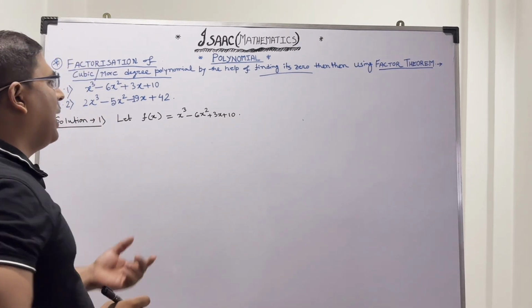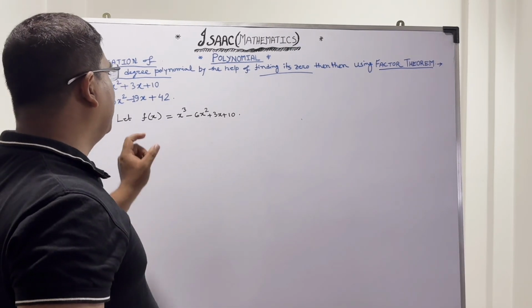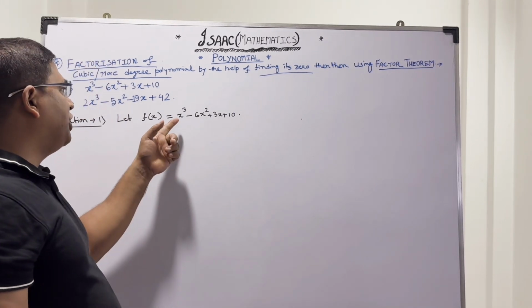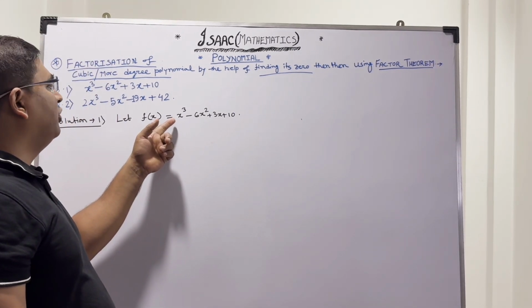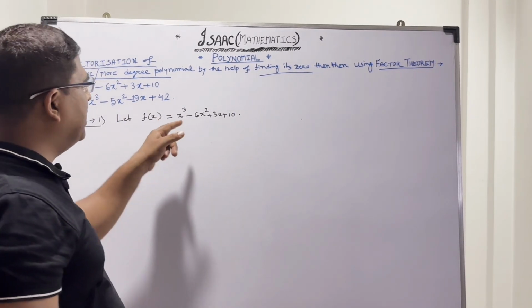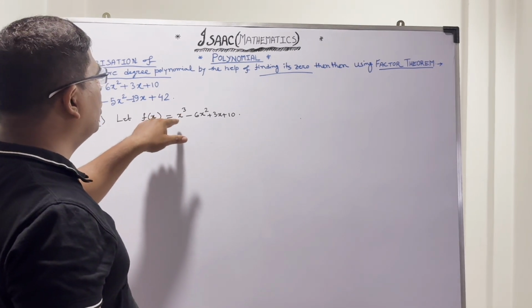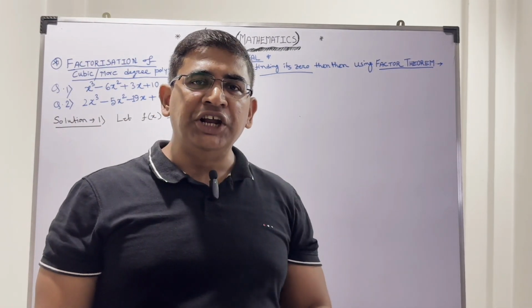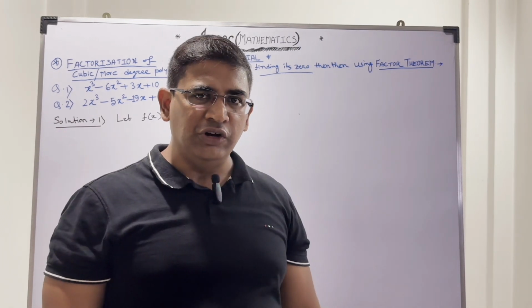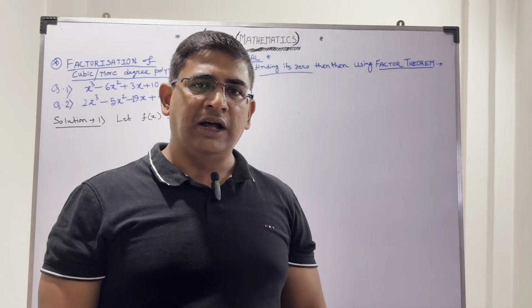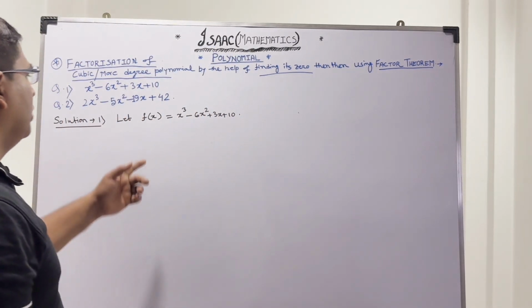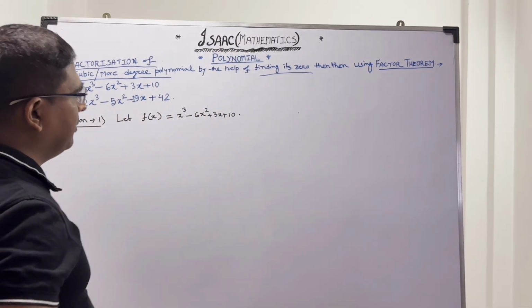To find one of its zeros, we can use the integral root theorem, as the coefficient of the leading term is 1. Here the leading term is x cube whose coefficient is 1. We already learned about the integral root theorem and rational root theorem to find the zeros of a polynomial.